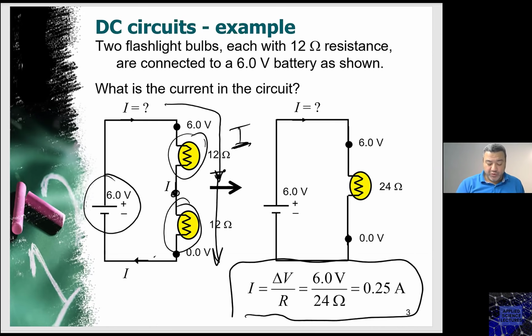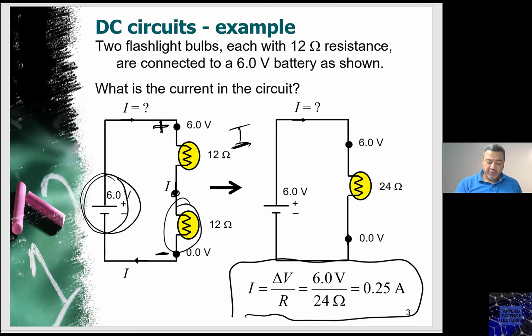So I cannot ignore this one and only do the current for this light bulb. No, since this potential difference delta V is across the equivalent resistance of those two light bulbs.